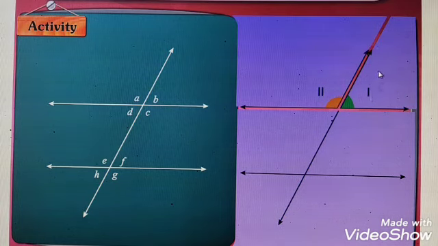Have you noticed that part 1 and part 2 have formed a linear pair? Now place this first part here and we will see which angle it coincides with, and we will do the same for the second.